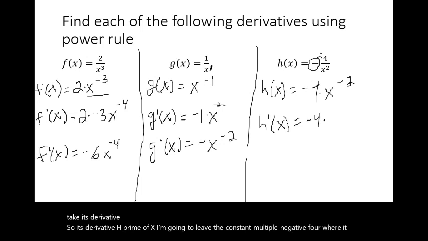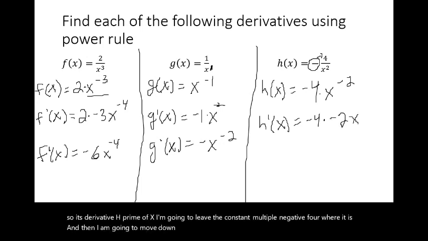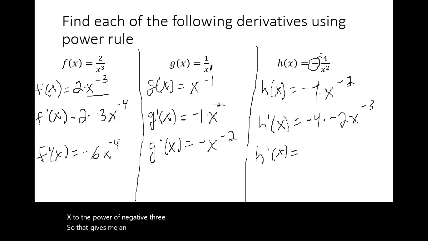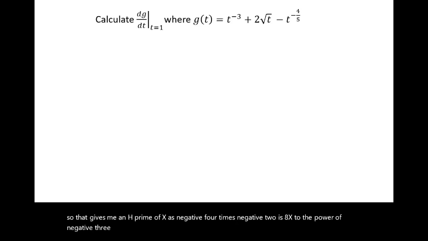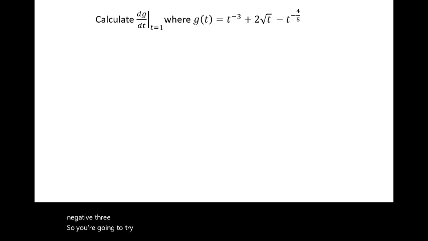Then I am going to move down the power and decrease the power by 1. Negative 2 minus 1 is x to the power of negative 3. So that gives me an h prime of x as negative 4 times negative 2 is 8, x to the power of negative 3. So you're going to try and use the power rule as much as you possibly can.